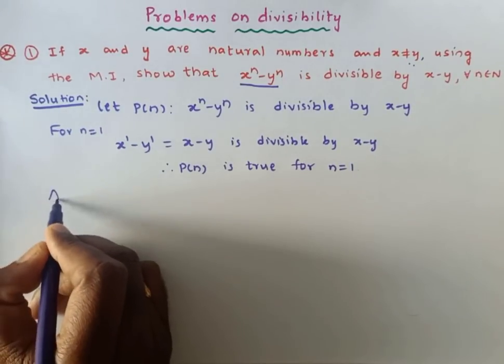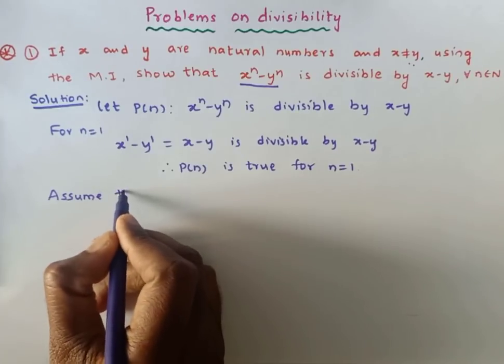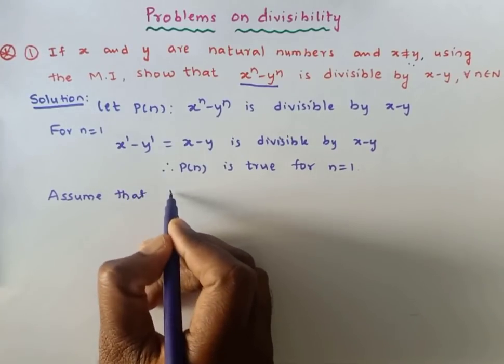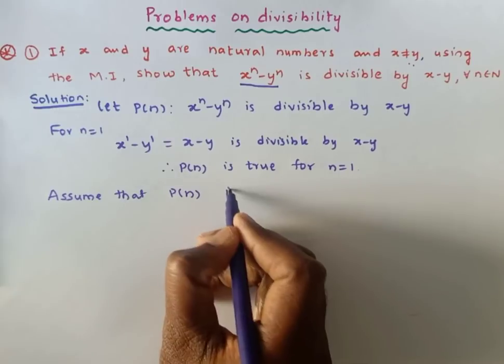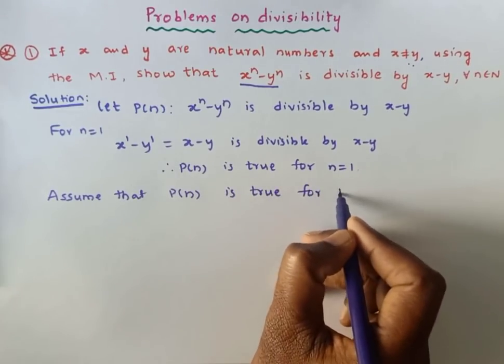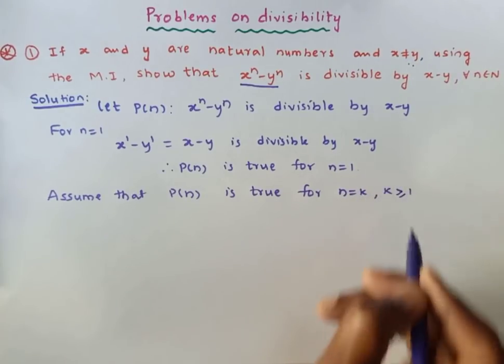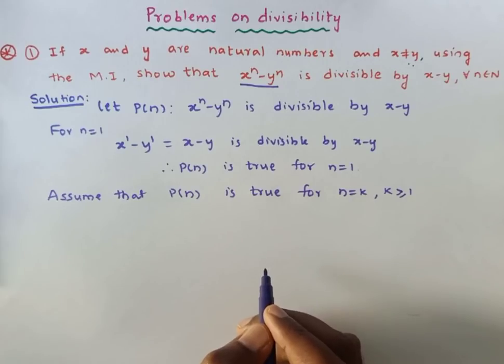Next, the assumption. What is the assumption? Assume that the given statement, p of n, is true for n equals k, where k is any natural number greater than or equal to 1.